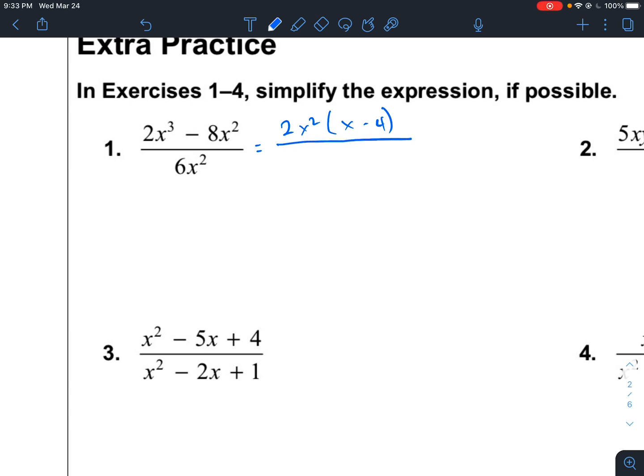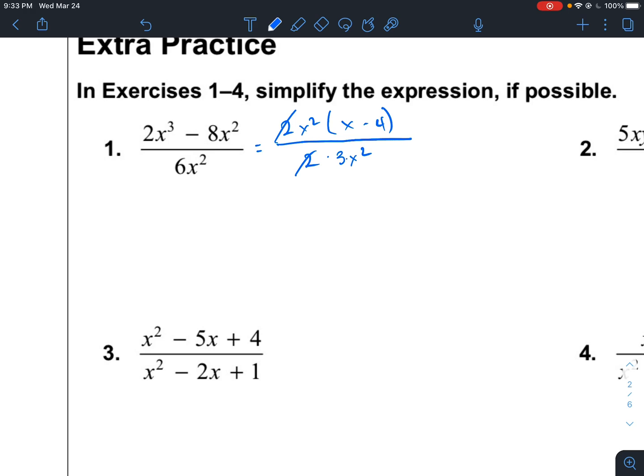On the denominator, it has a factor of 2, so it would just be 2 times 3x squared. Now, the reason why I factor out the 2 is because I see that the numerator has a 2, so those would cancel.